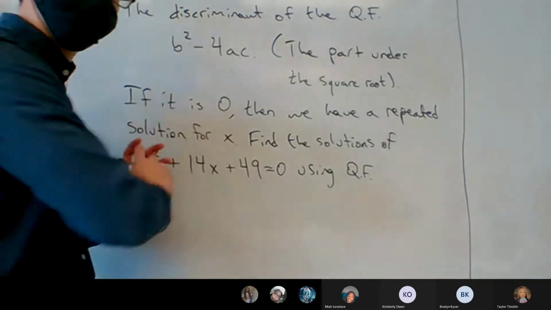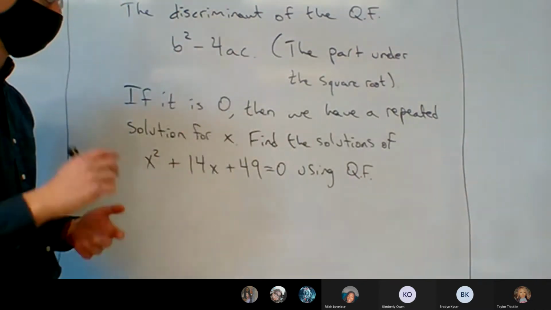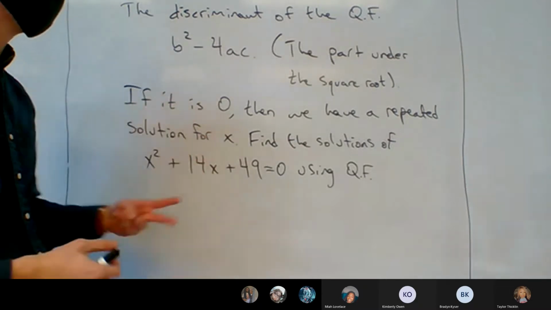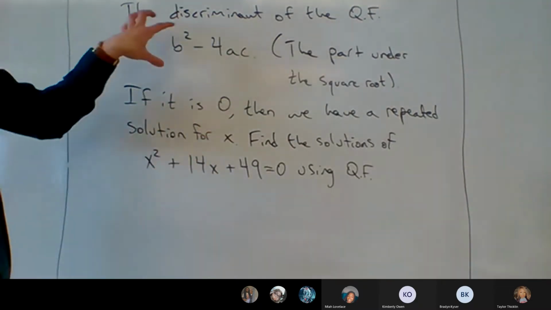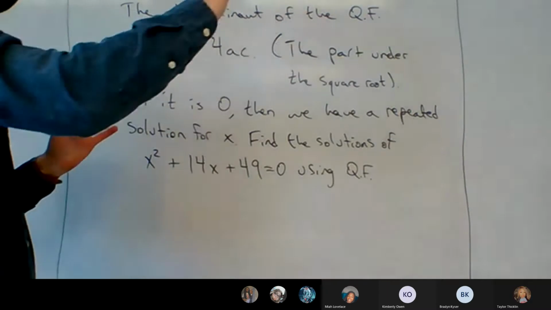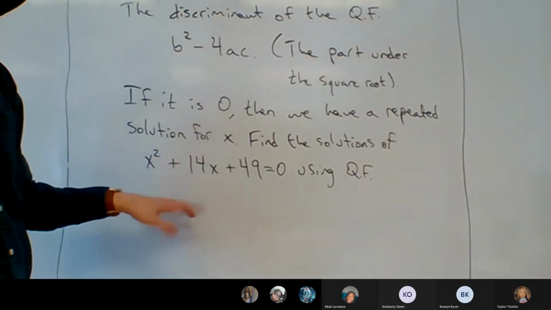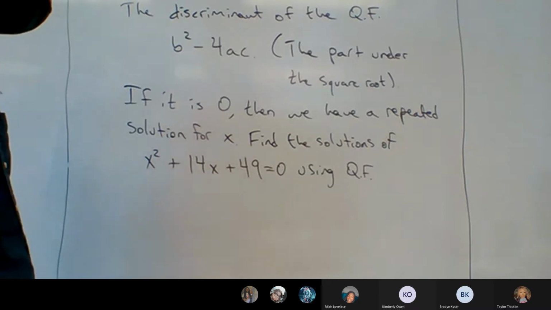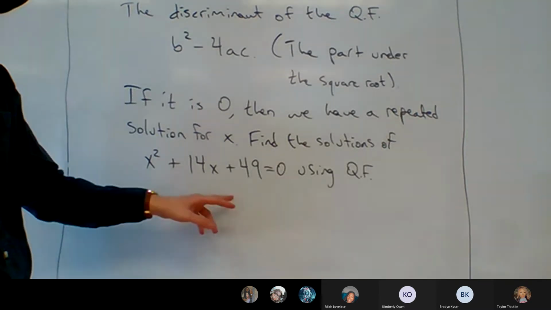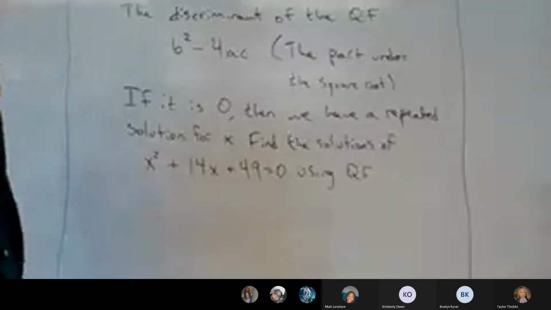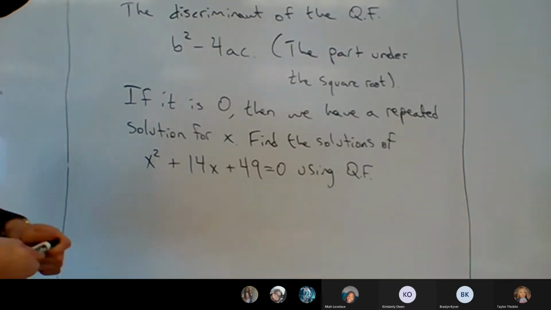You'll see that whole square root thing go away and you end up with just a single solution. Because how do you end up with two solutions? It's the plus or minus thing that's stuck in front of the square root. If the square root goes away, you just end up with one repeated solution, which, by the way, you should get -7. But work that out and you'll see what I'm describing there.